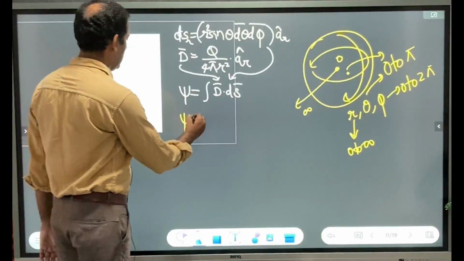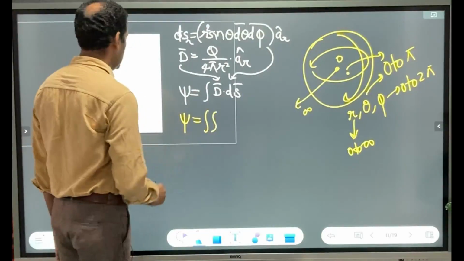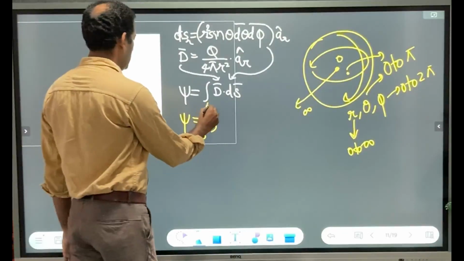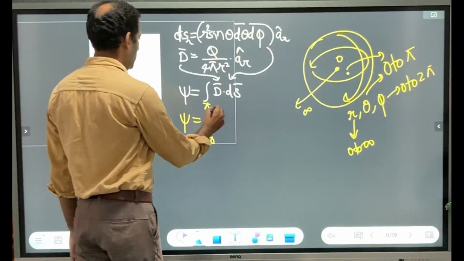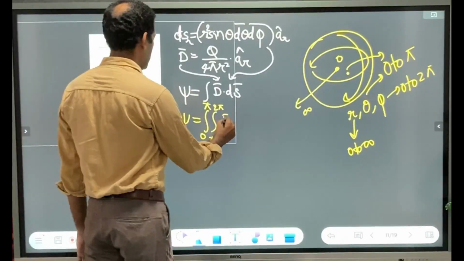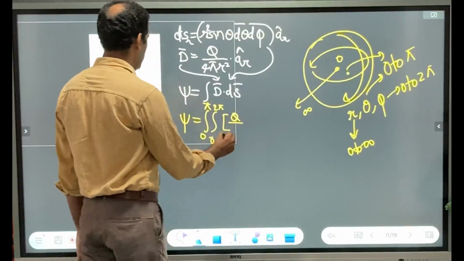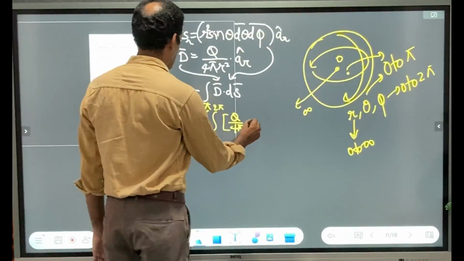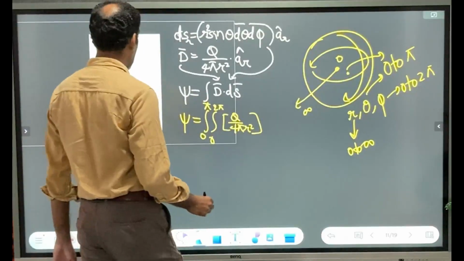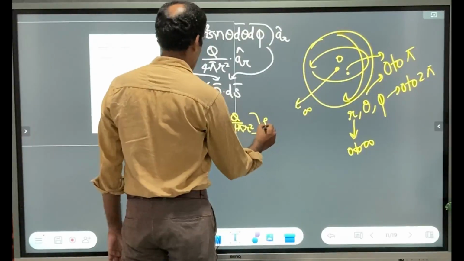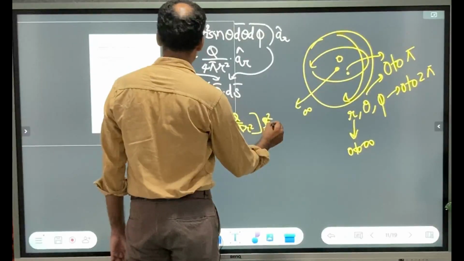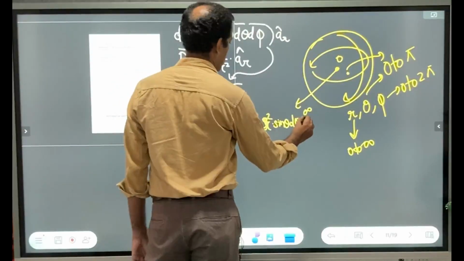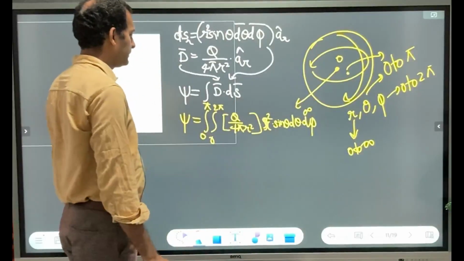So this psi will be equal to double integration, one for 0 to pi, one for 0 to 2 pi. This value is Q by 4 pi r square, and then r square sine theta d theta d phi.